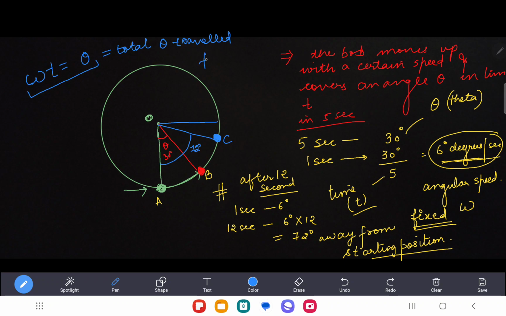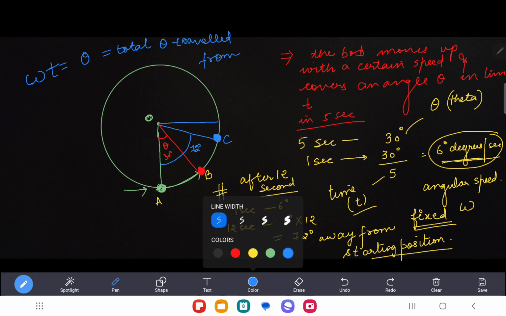So what is omega t? Omega is my angular speed and t is my time. Got the concept?